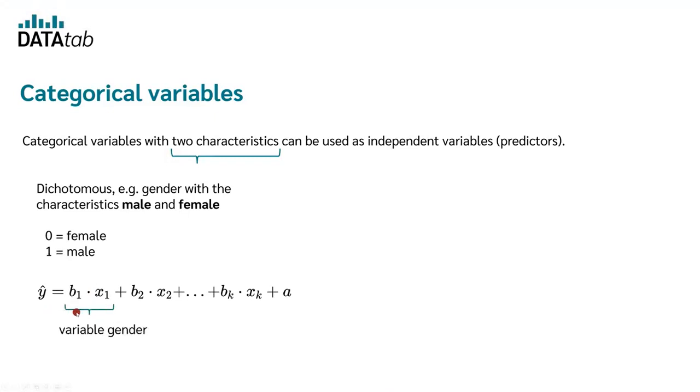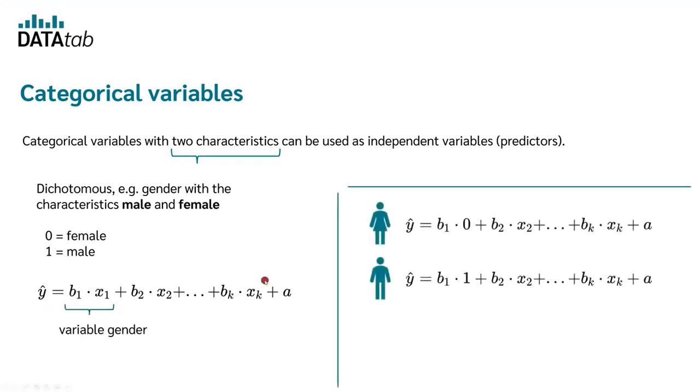Now, how can we interpret b1? We said 0 is female and 1 is male, so we just put that in. Then we have 0 times b1 for a female person and 1 times b1 for a male person. Accordingly, b1 indicates the difference between male and female.